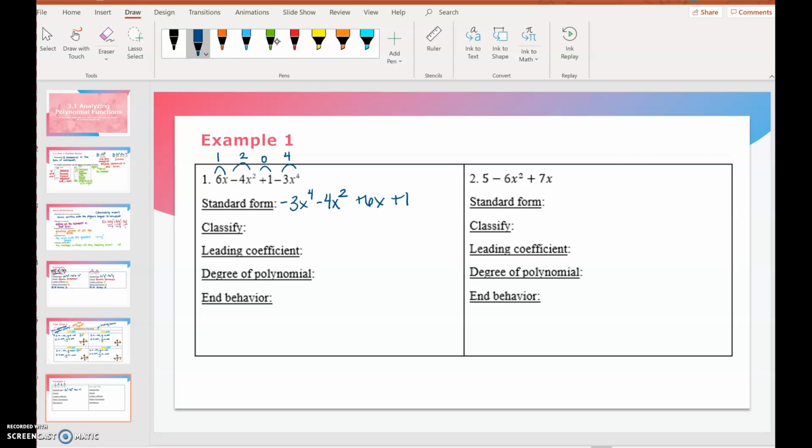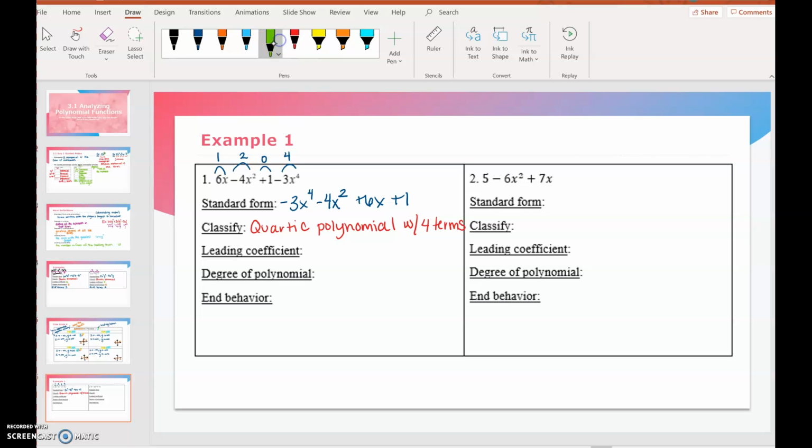So now, to classify it, we look at how many terms we have. So 1, 2, 3, 4. So 4 terms. And then we have a 4th degree. So it is going to be the quartic polynomial with 4 terms.